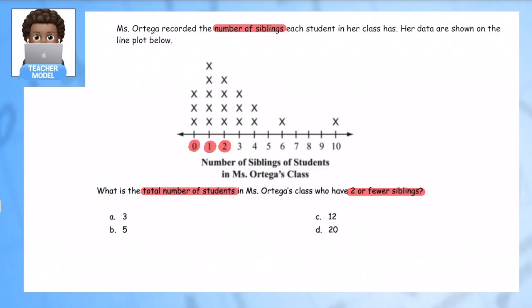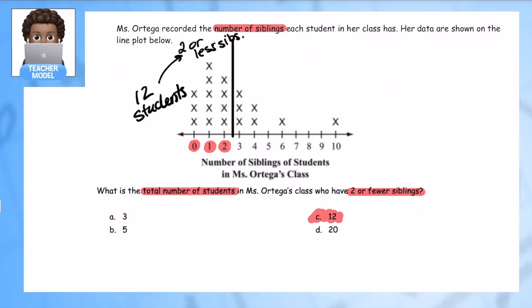Looking here, we're separating this, and this represents 2 or fewer siblings. And I can just count this up now. So 1, 2, 3, 4, 5, 6, 7, 8, 9, 10, 11, 12. So 12 students have 2 or fewer siblings.